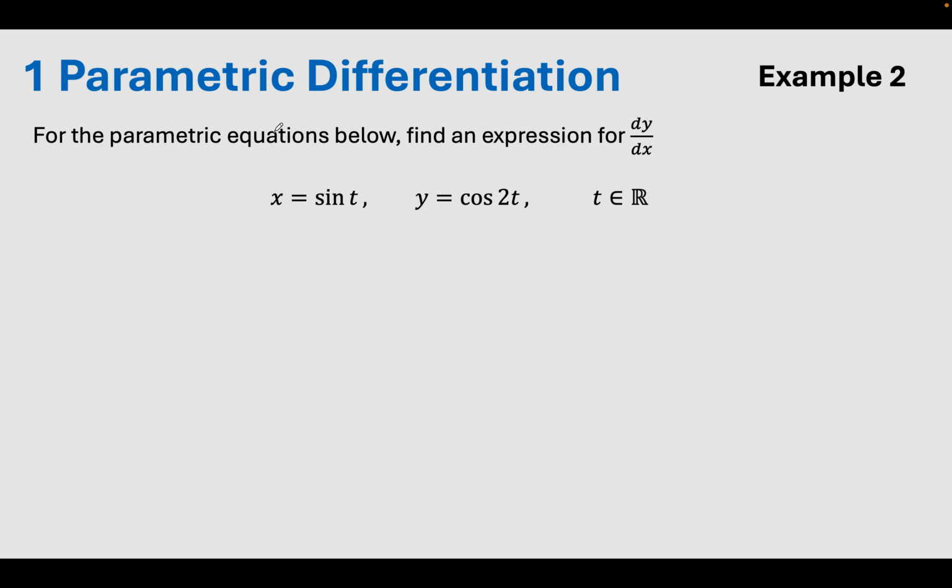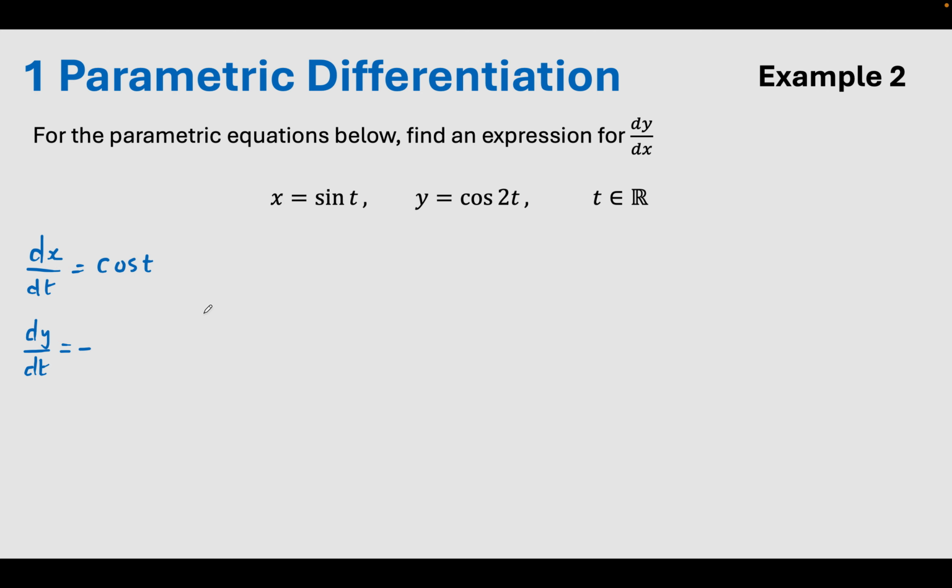So, for the parametric equations below, find an expression for dy/dx. It's not unusual to see trig equations in this sort of thing, so let's go through and do exactly what we just did. So, we get dx/dt, the derivative of sine t is just cos t, dy/dt. Now, here I'm going to have to make use of the chain rule and just be careful with cos.